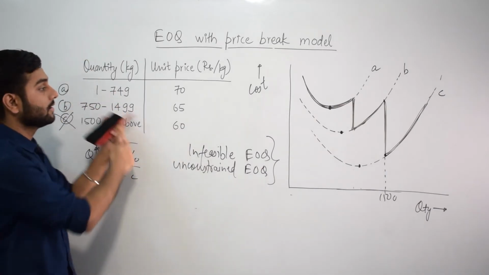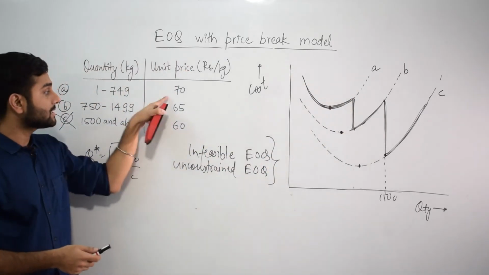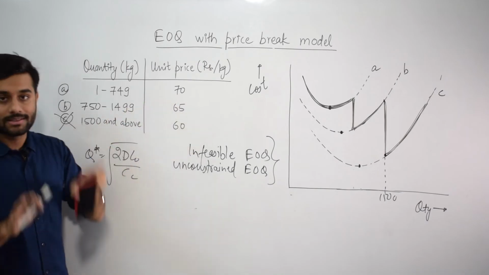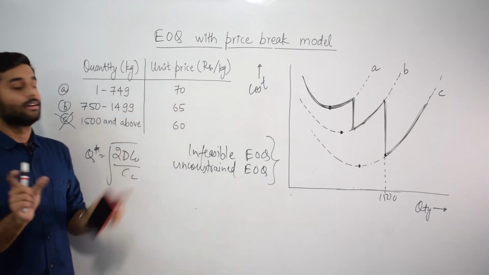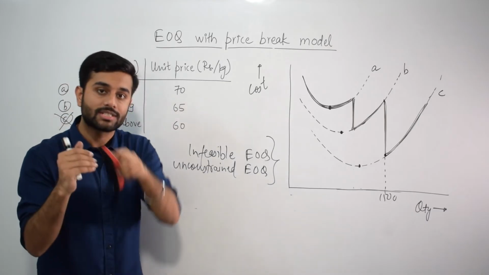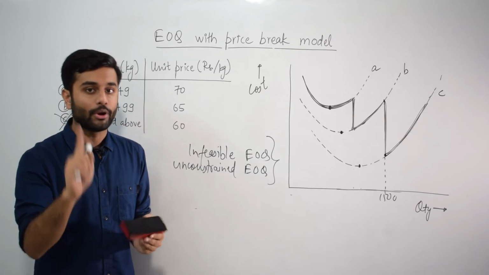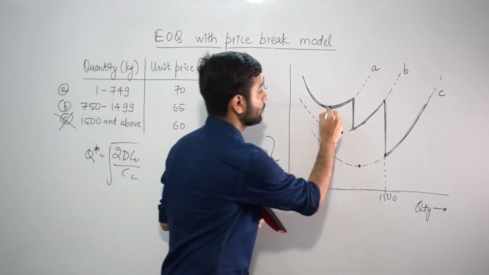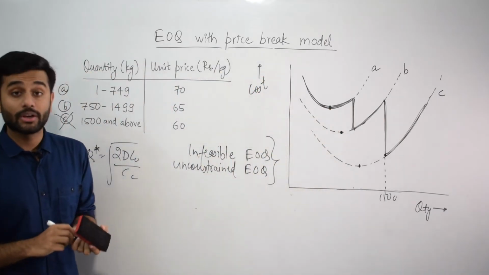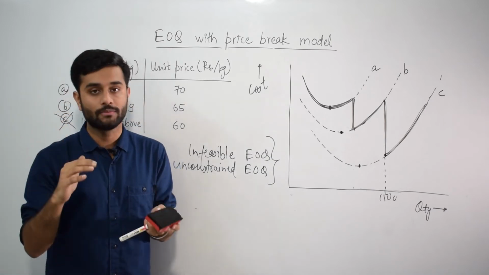But for A, the EOQ is lying in the feasible region, so this slab will be selected. Whatever is the EOQ for this slab will be selected as a valid point to check the total cost. So we have selected one point till now, the EOQ for the first one, where we are going to check the total cost, whether it is coming out to be minimum or not.